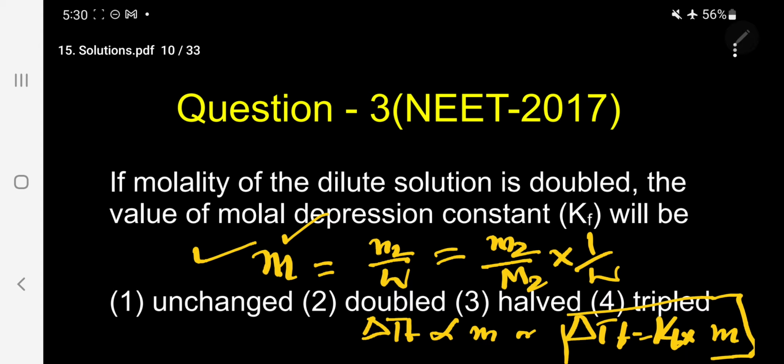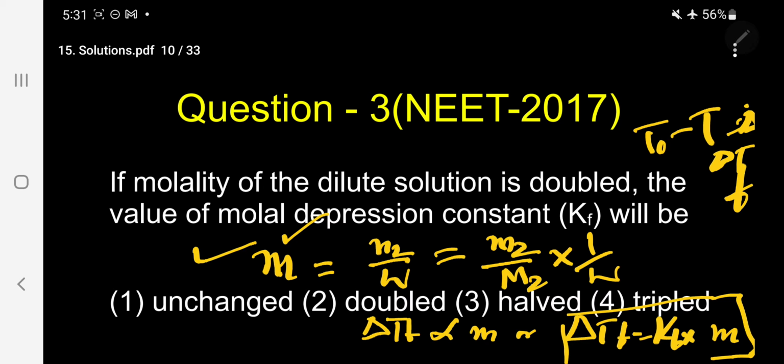How to correlate the depression of freezing point? I write like this: T0 minus T is the depression, delta Tf. That means the freezing point of the solvent is higher and correspondingly that of the solution will be lower. Just opposite to the elevation of boiling point.